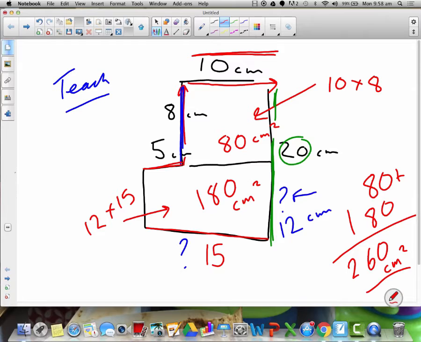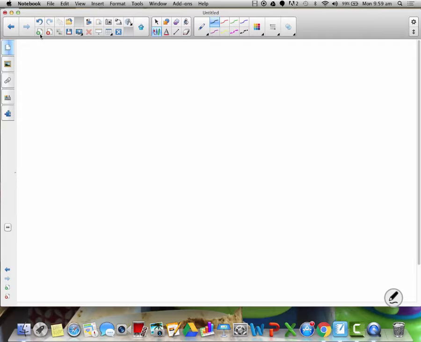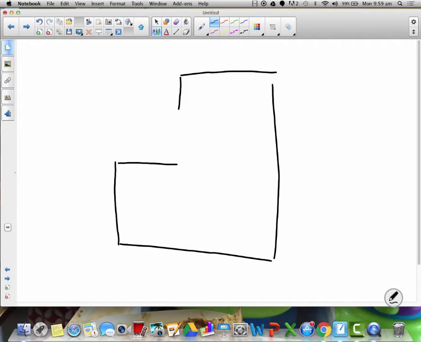We're now going to do one together, and you're going to help me. So let's draw a new one up, and do exactly the same sort of shape. I'm just going to switch out the numbers. Going to make this 14 centimeters.